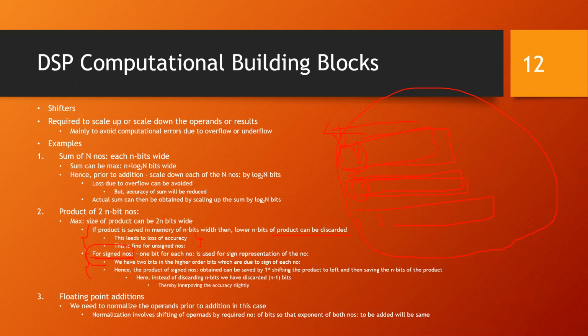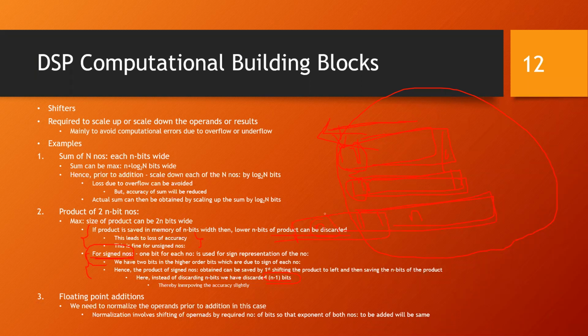So here also you're losing accuracy. I'll not say that you will not be losing accuracy. But what you're doing is just discarding n minus 1 bits. You're not discarding all the n bits. Since you have shifted by 1 bit location, you might be filling it with 0. In the overall result, you'll be getting the n bits of data and n bits on this side.